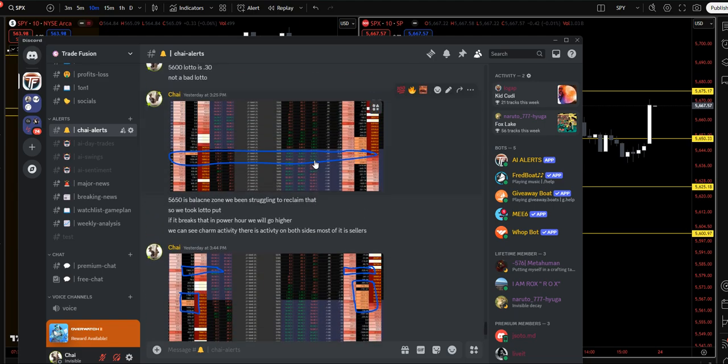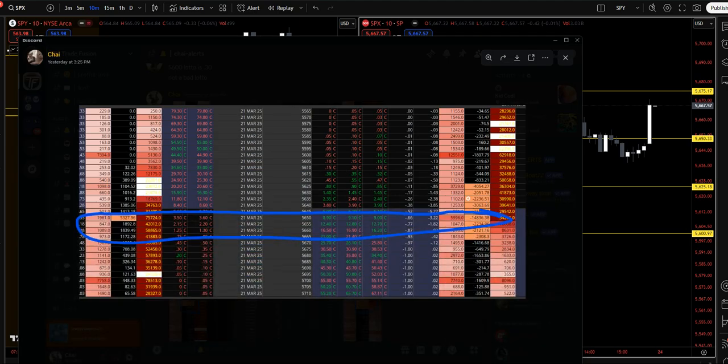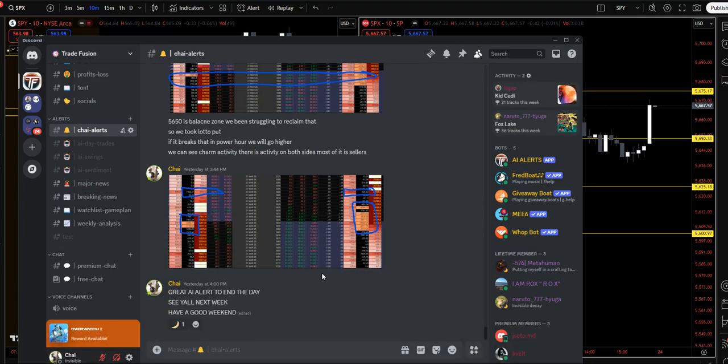We have already spent time here and we could go down, but we haven't touched these areas, and sellers are in control. If they want to go higher, and we can see the values increasing in power hour, then we take it.